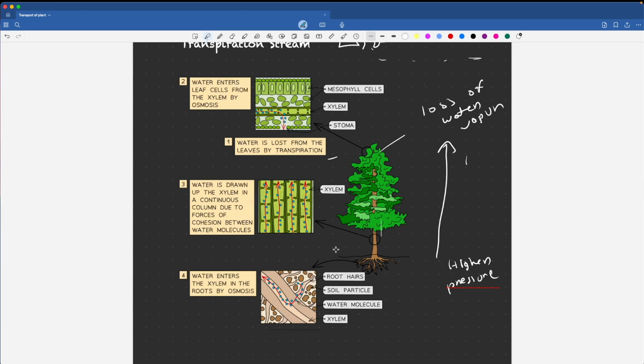Did you guys get it? This is a very simple diagram. First, the water is evaporated by transpiration and the water vapor is lost through the stomata. The water found on the surface of the mesophyll cells is what evaporates. This creates a lower pressure in the xylem at the top of the leaf.